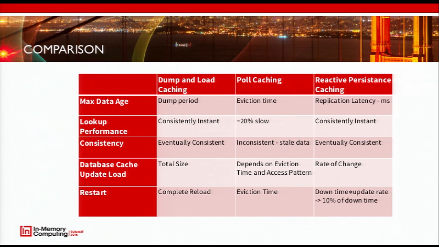Looking at consistency, of course, if you stretch the meaning of eventually consistent, you can argue that the dump and load cache is eventually consistent. That means that it reflects a valid state of the database at a previous time. You don't know how far back in time, but now it's 1 day. So it's eventually consistent, but not really what we mean by eventually consistent, because usually we think in seconds, but it is eventually consistent.